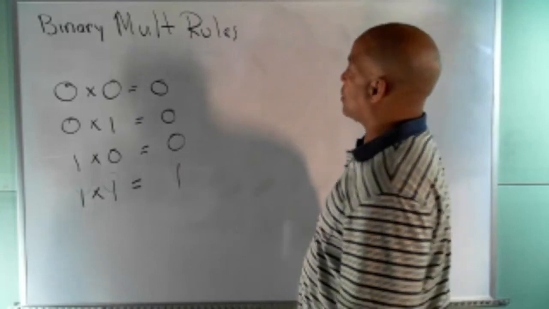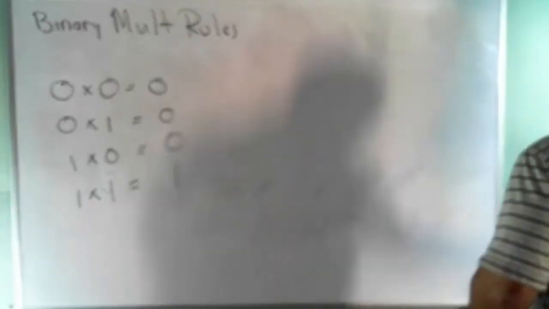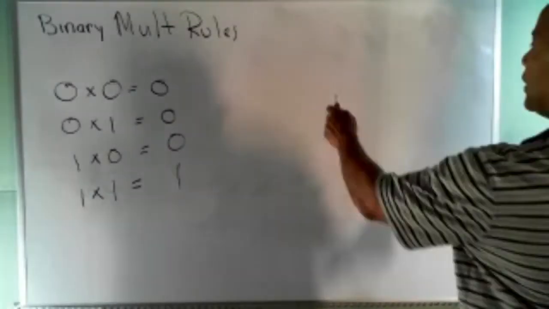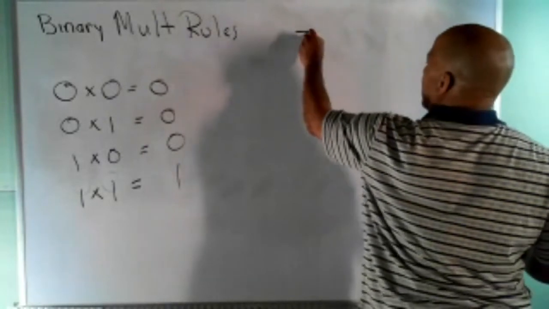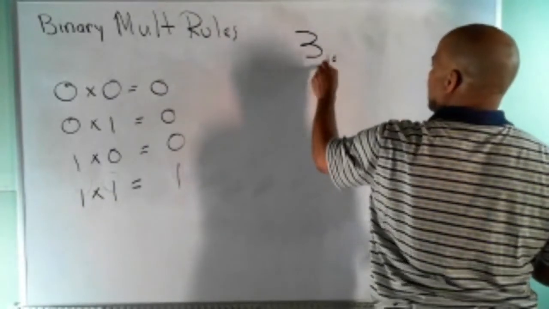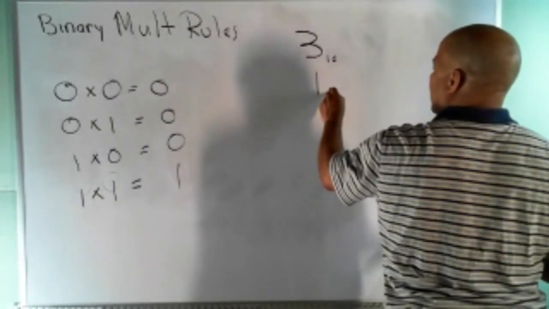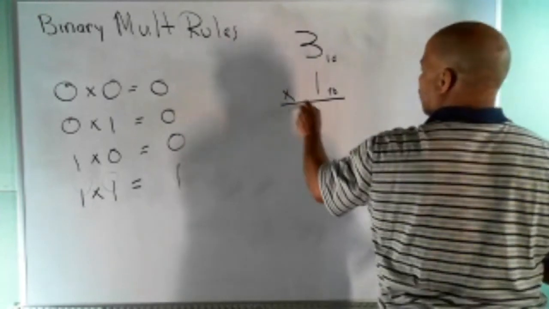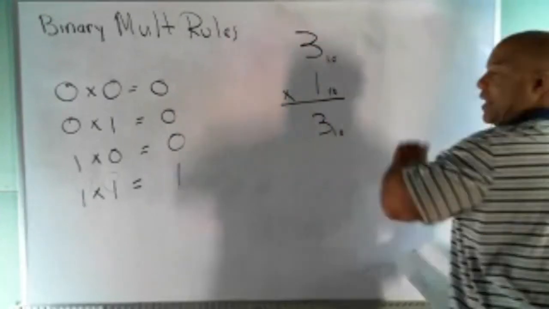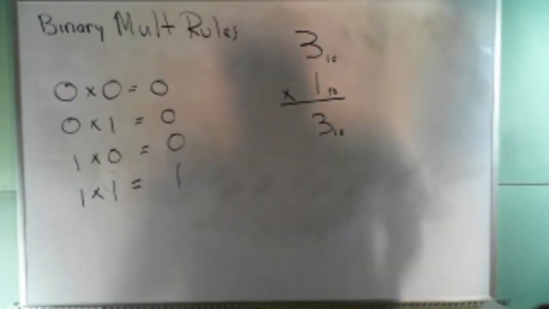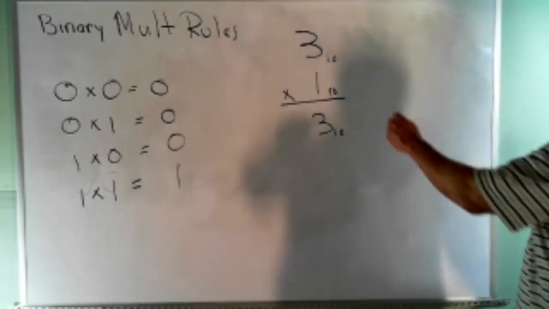So then if I give you a problem, let's do this one. 3 base 10 by 1 base 10. Of course, it's 3. We'll go ahead and convert it over to binary and do it using the rules right there.